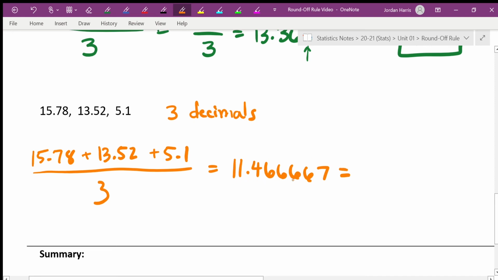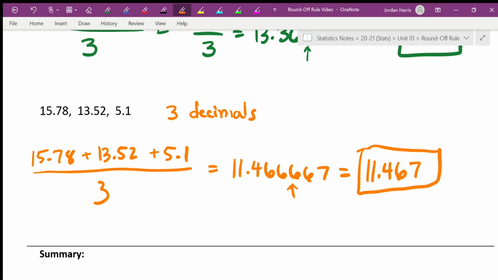So 3 decimals, that means rounding to the thousandths. I look at the next one, the 4th decimal. Once again, that happens to be 5 or higher, so I'm going to round up. Please remember they do not always round up. If it's 4 or lower in that place you're looking at, round down.